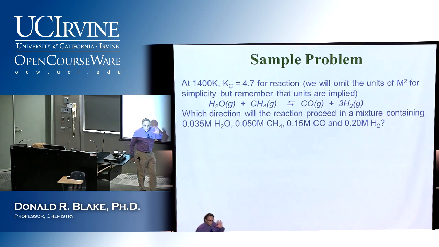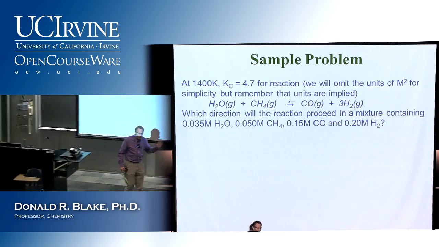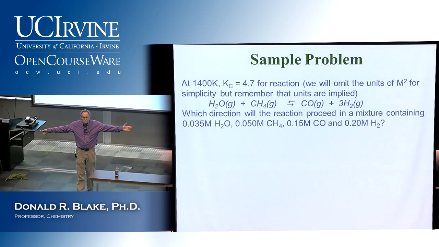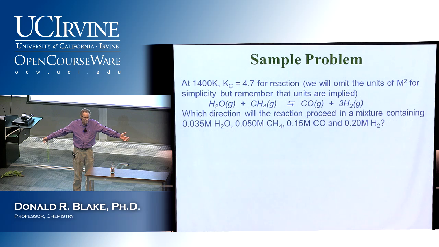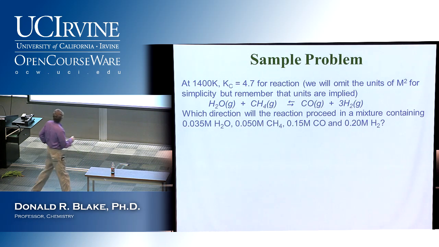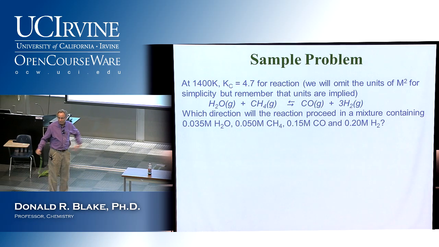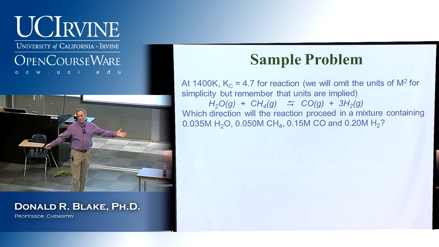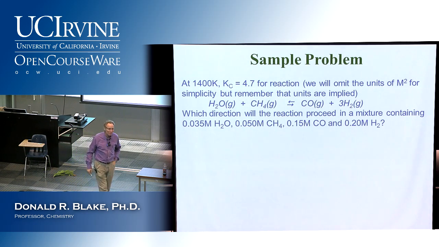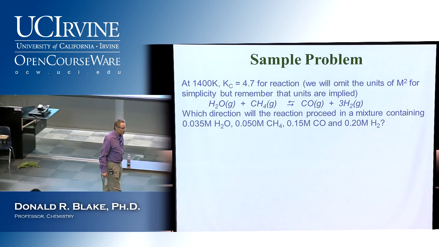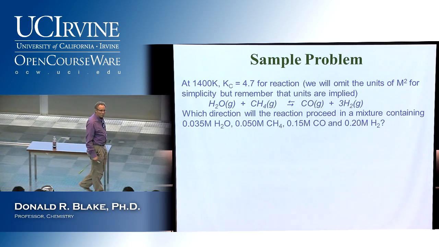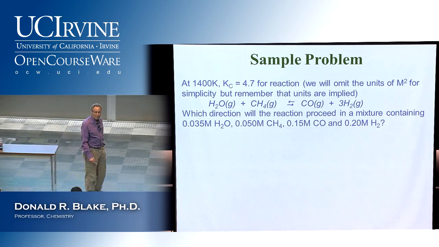So folks, if you're given this, and the question is which way is it going to proceed, this is just a Q question, okay? Because you're given K sub C. So all I'm asking you is Q bigger than K sub C or smaller? And which way is it going? This would be like a 4-point question.